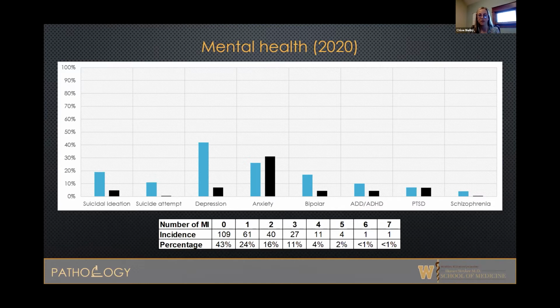So suicidal ideation and attempt for the general population represents someone who is 18 or over that ever had suicidal ideation or attempts in 2019. And then the black bars for each of the mental illnesses in the general population is that person ever being diagnosed with that mental illness.